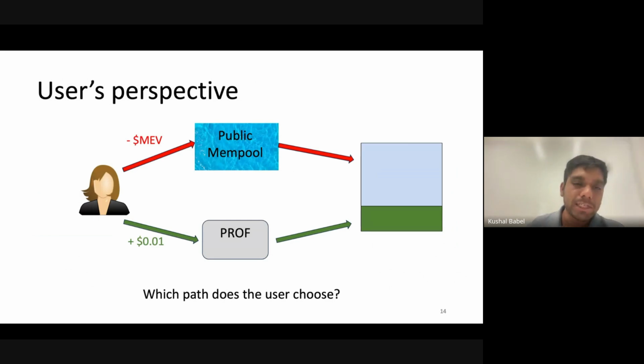And from a user's perspective, the user has the choice of either sending their transactions to mempool and getting MEV extracted from them, or sending transactions to prof and paying that epsilon fee, a penny for example, and getting included in the final block. We'll also talk about some other recent mechanisms that have come into PBS, like MEV Share and MEV Blocker, which allow you to also have some sort of front-end protection. Okay, so it's clear that even from a user's perspective, it's incentive compatible for users to send their transactions to prof.